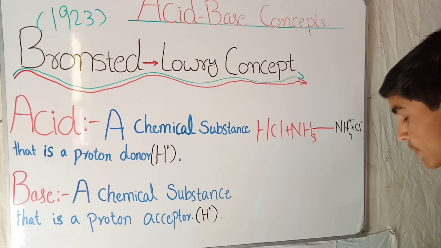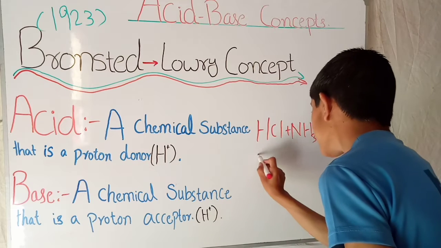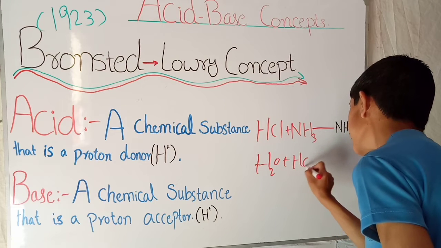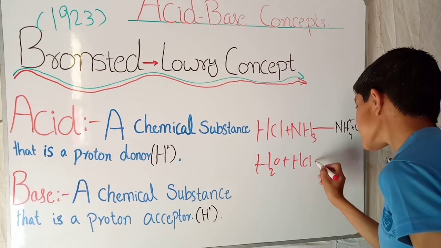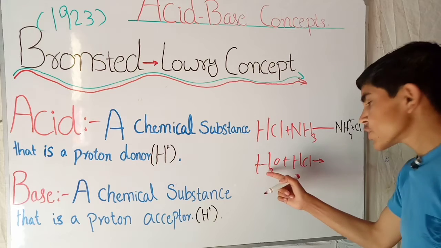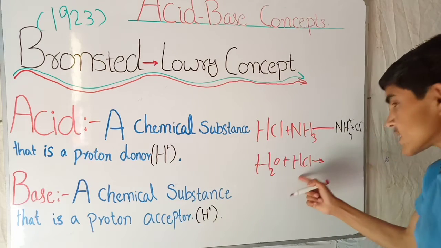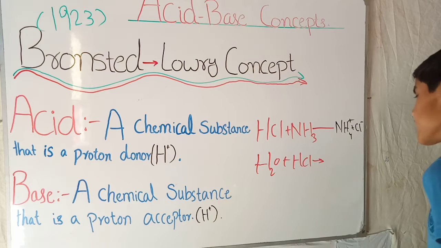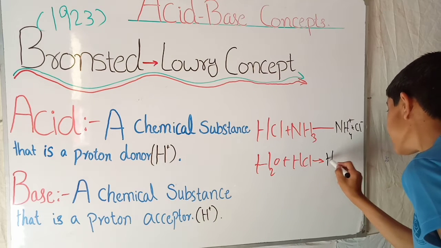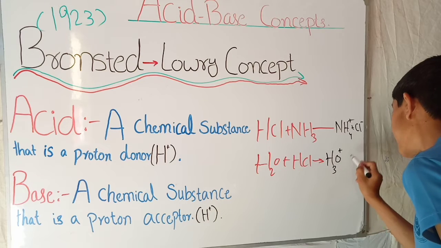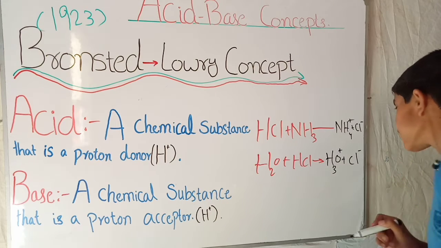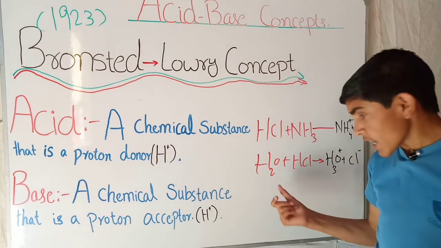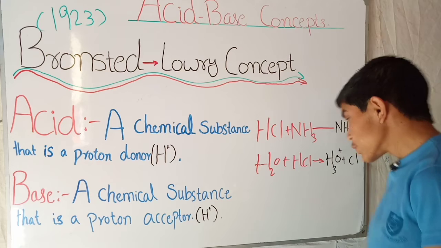The Bronsted-Lowry concept says that if we add H2O plus HCl, HCl is the acid. In this case, H2O acts as a base while HCl is an acid. In the base position, it will become H3O positive plus Cl negative. So the Bronsted-Lowry concept says that water acts as a base and also as an acid.